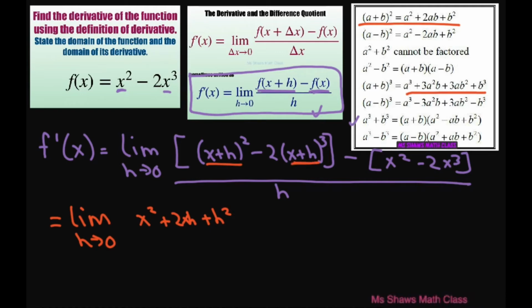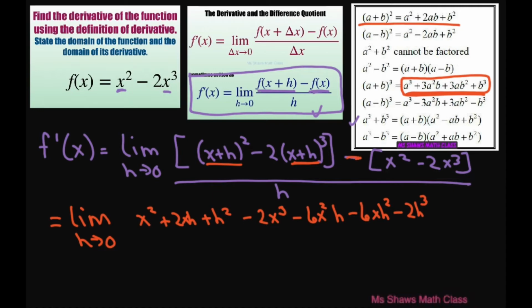All I'm going to do is use this, except we have x and h instead of a and b, and I'm going to multiply each term by negative 2. So that's going to give me negative 2x cubed minus 6x squared h minus 6xh squared minus 2h cubed.